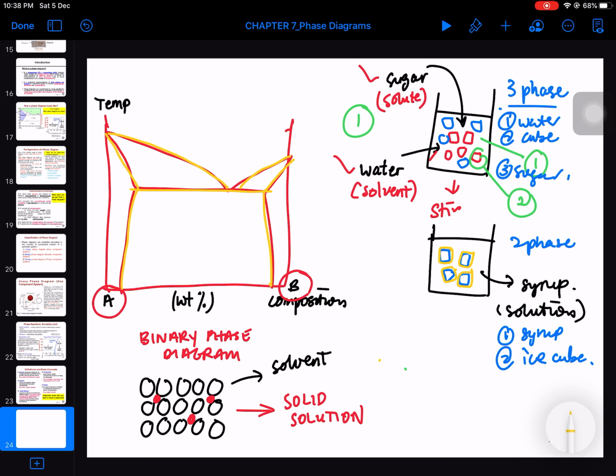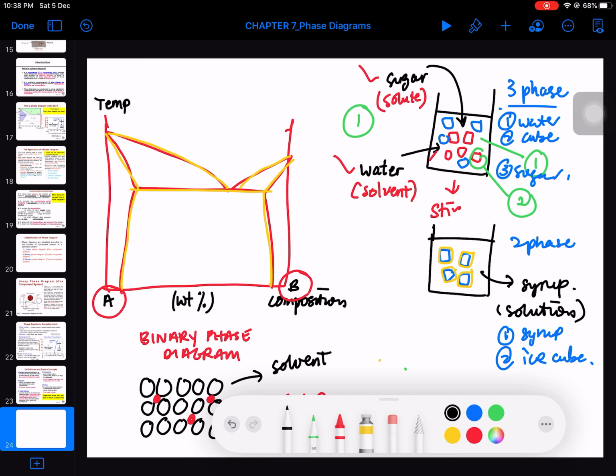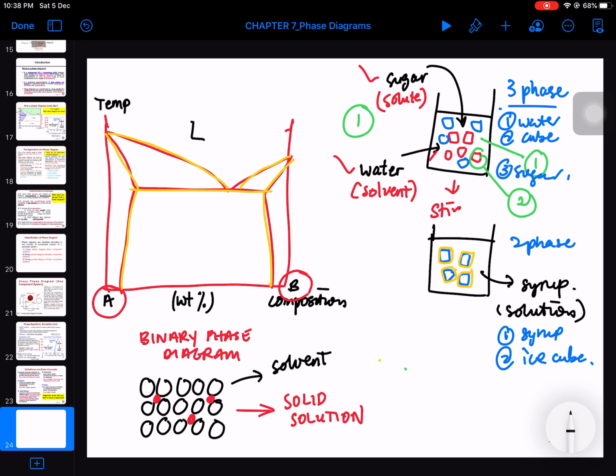In the binary phase diagram, the top here will be the phase for liquid, and this is liquid plus solid. This is also liquid plus solid. And this is for solid, this is for solid, and this is for solid.